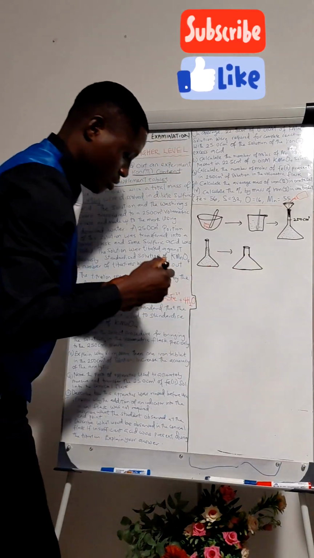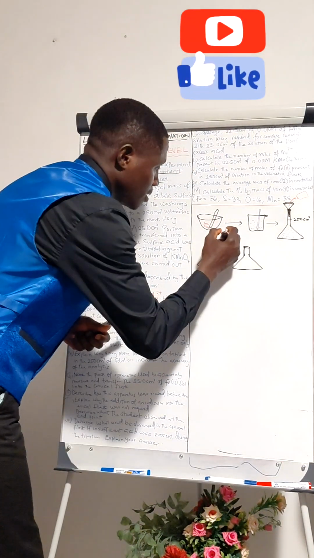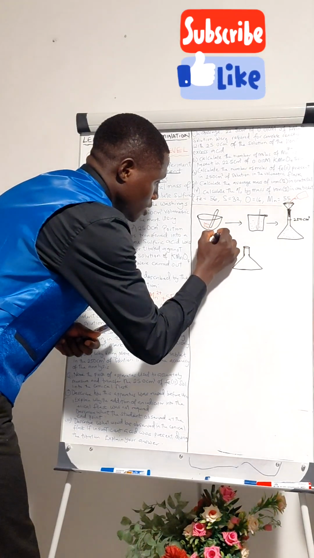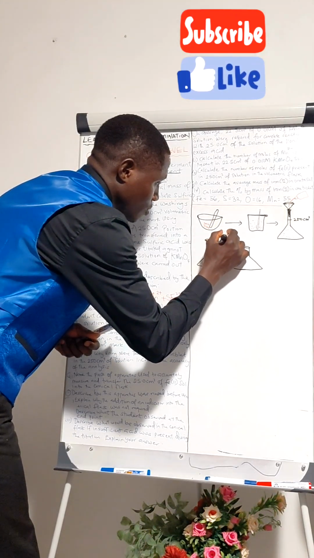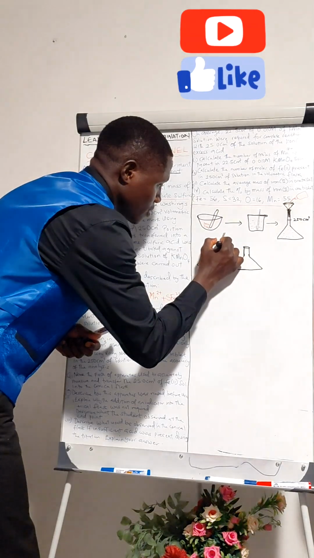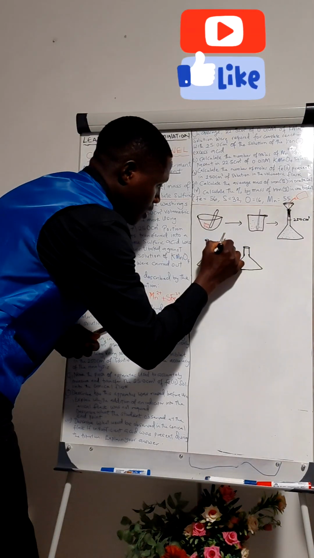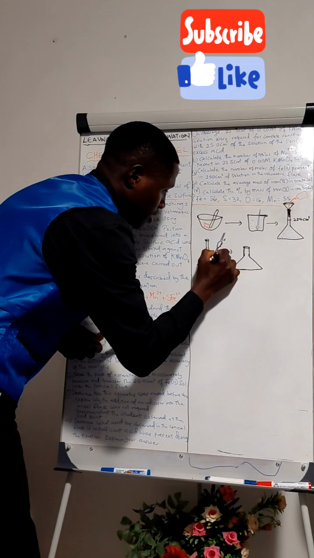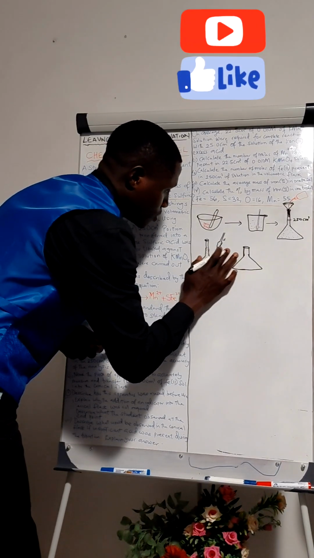What was used to do this was a pipette. What we mean by a pipette is going to be one of the questions. There is something we call a volumetric pipette. It looks like this.